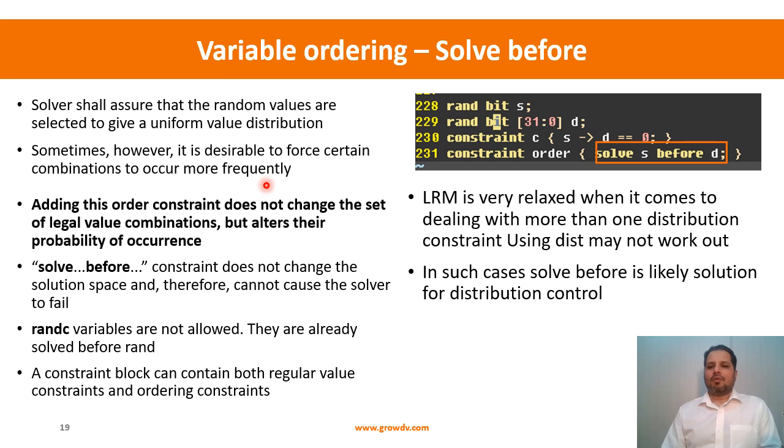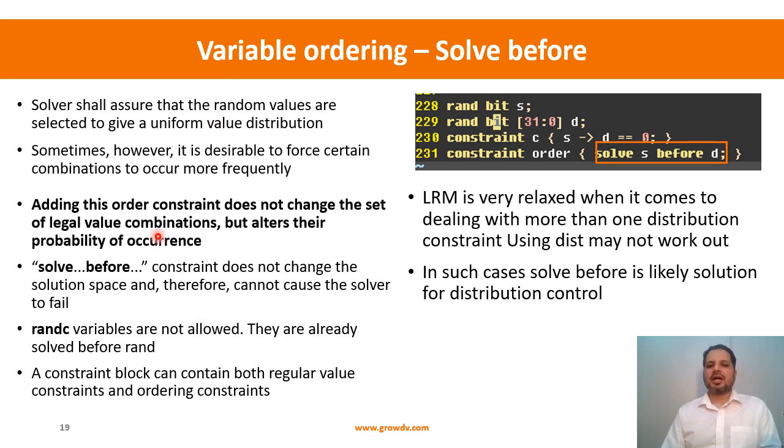So one is, of course, dist, which provides you a certain level of control, but there is another way that you can add additional control, using an approach called solve before. So let's look at how to do that.